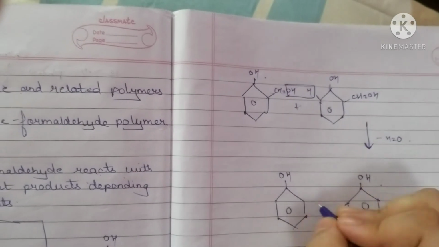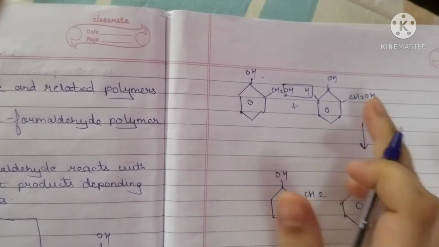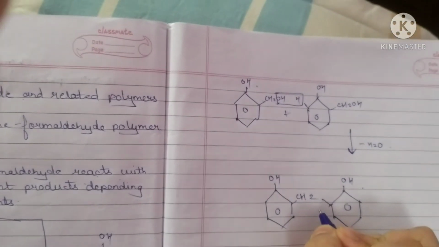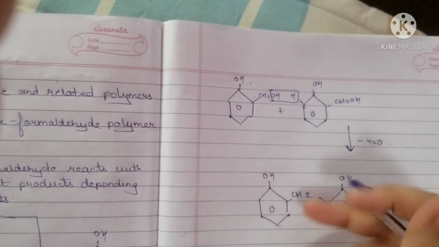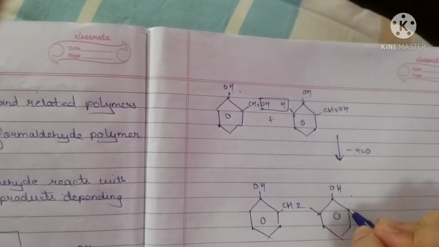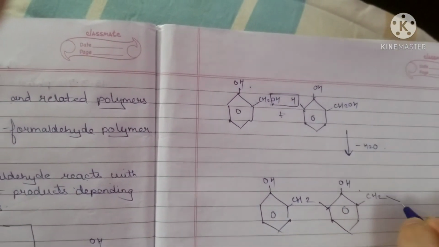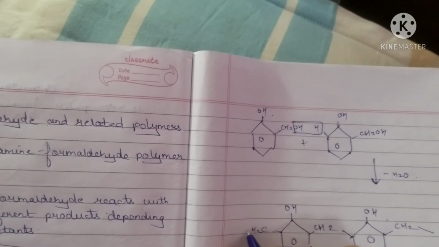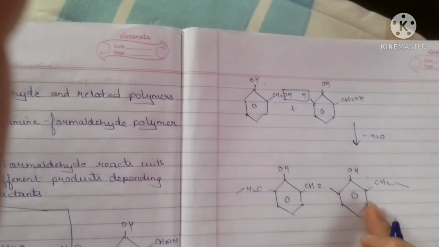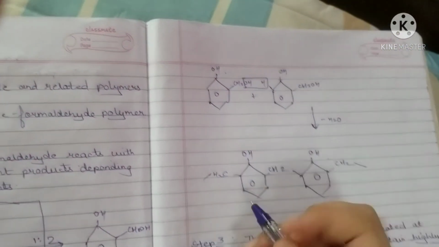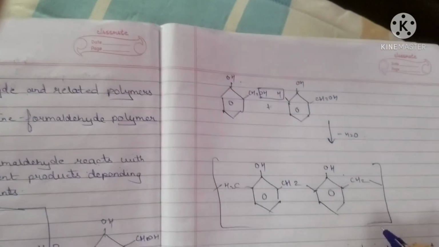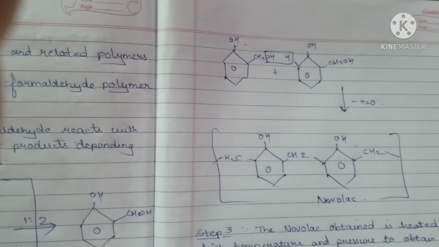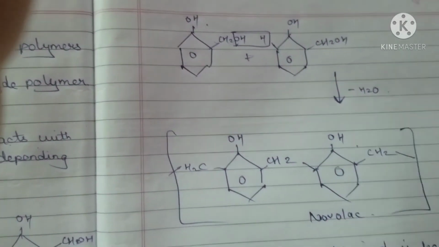This CH2 group, write CH2, and you have eliminated water, so this bond will be connected to this. Now if I continue this chain, you will get something like that, CH2, and then you will have another phenol here. Here also you will get CH2, and then there will be another group here. So what is formed here is called your novolac.